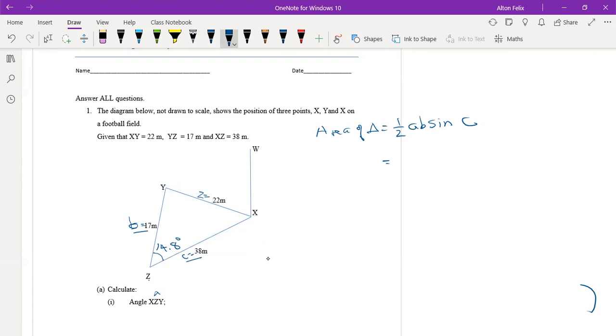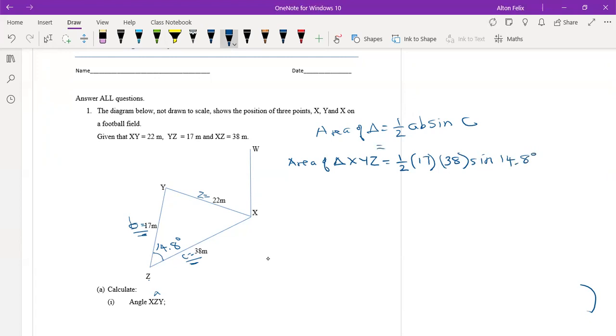So area of triangle XYZ will be half of the two other sides, B and C. In this case, it will be half of 17 by 38 multiplied by sine Z. And we just got Z as 14.8, right?